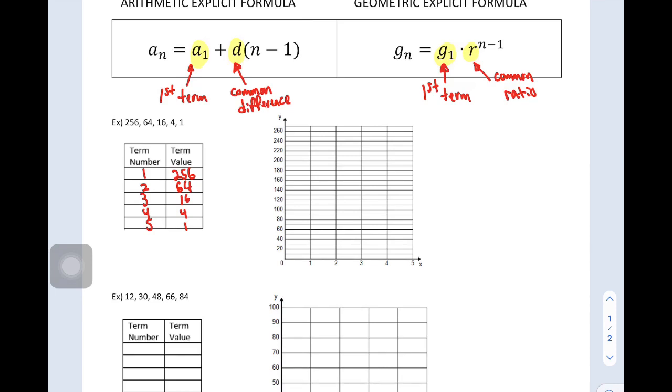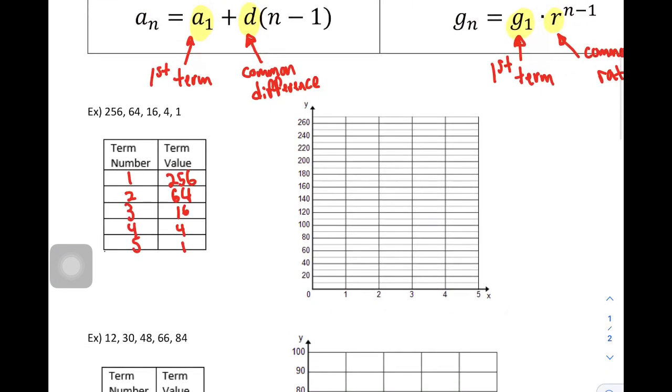By looking at these numbers, the first thing to realize is whether we have an arithmetic or geometric sequence. Well, I'm going to check arithmetic first. Remember, to check if it's arithmetic, I can subtract these. Watch what happens: 64 minus 256 gives a value of negative 192.